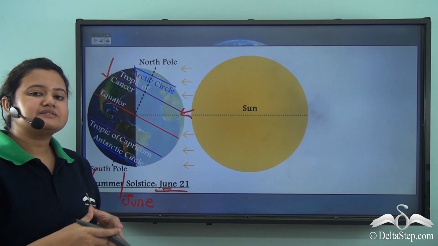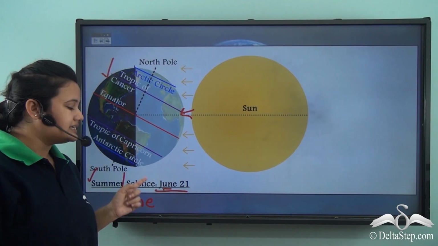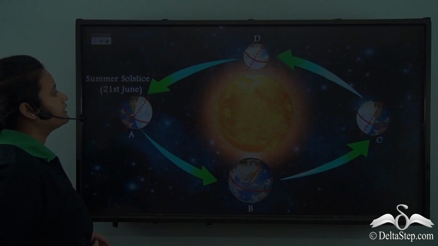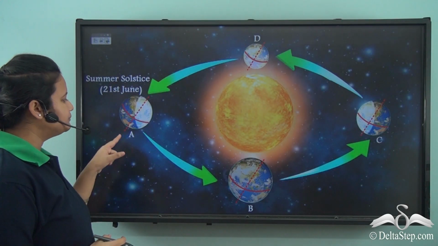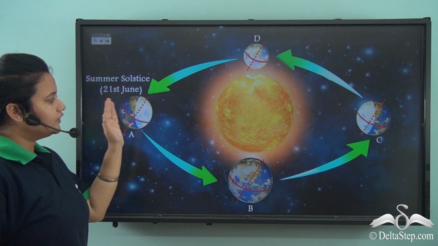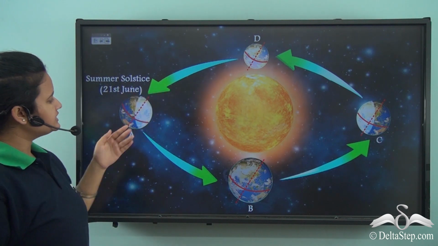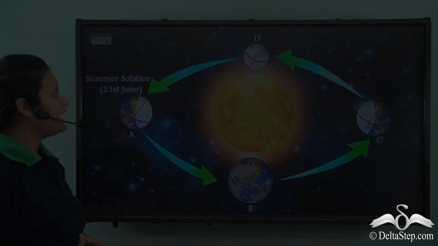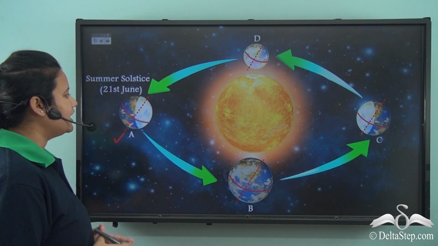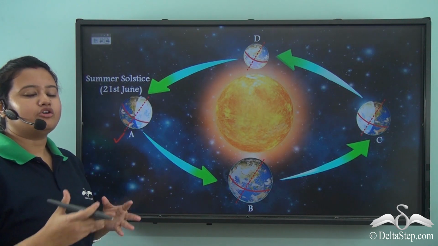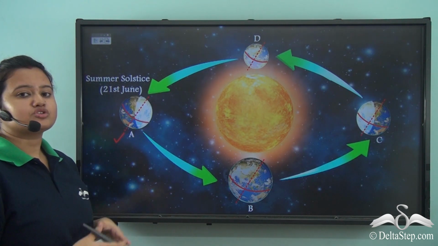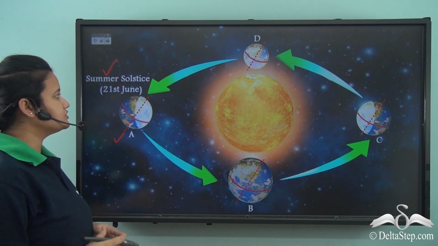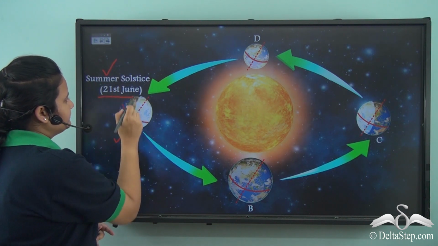So therefore, this moment of the year is known as summer solstice or June solstice. So we learned that at position A, the northern hemisphere is tilted towards the sun while the southern hemisphere is away from the sun. And the sun's rays are vertical over the Tropic of Cancer, and this moment of the year is known as summer solstice, and it occurs on 21st of June.